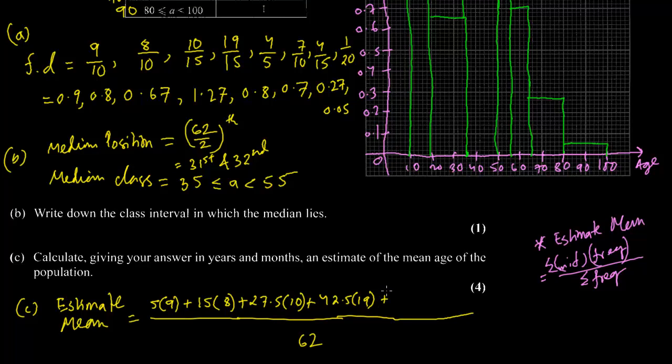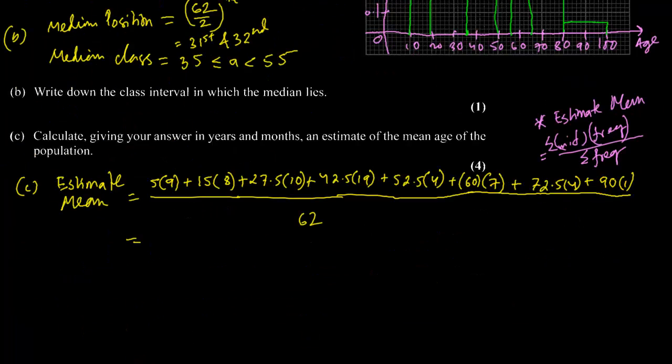The next midpoint is 52.5, so 52.5 into 4, plus the next midpoint is 60 into 7, plus the next one is 72.5 into 4, plus the next one is 90 into 1. So that is the calculation.